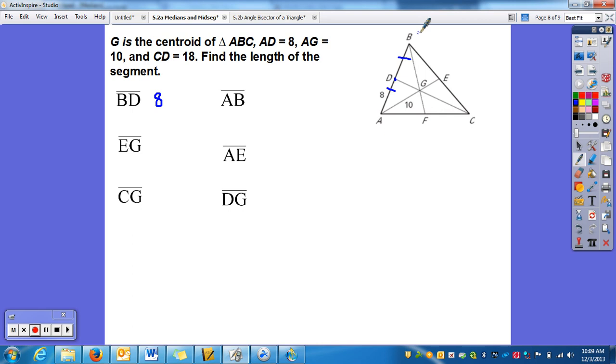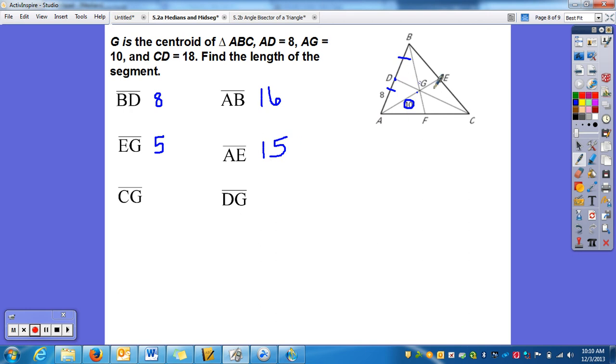Then the whole length of AB would be those two added together, which would be 16. Alright, EG. We have the length of AG is 10. Remember, this 10 is double the distance of the smaller part. So EG is 5. That makes the whole length of AE 15.